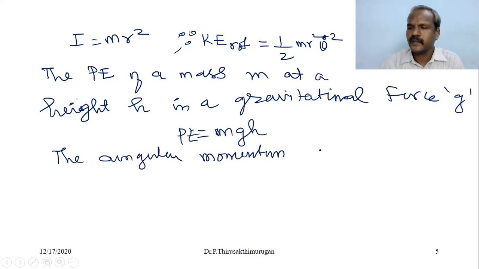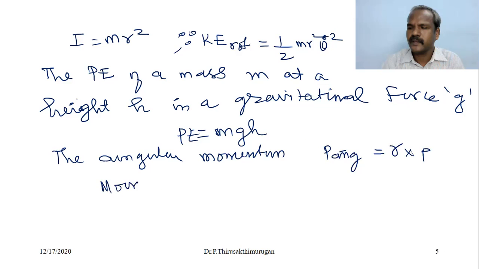Similarly, the angular momentum of a mass moving with velocity v: angular momentum equals r into p. What is linear momentum?